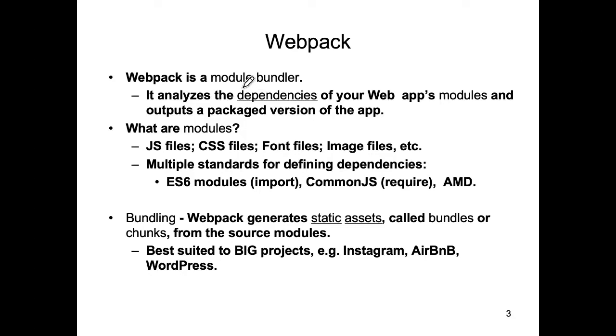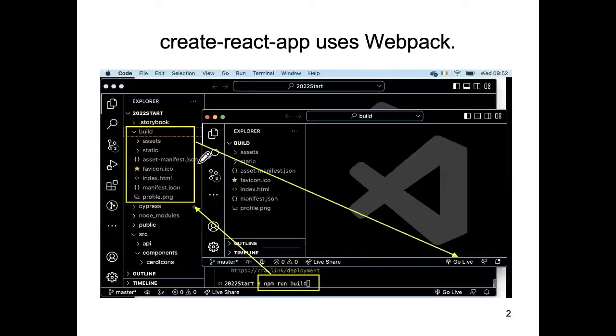So it analyzes the dependencies between the various modules that make up your web app. And from those dependency relationships, it computes an overall packaged version of your web app. And that packaged version is, if I go back to the previous slide, what will be contained inside here.